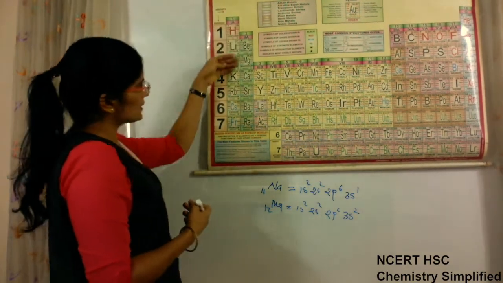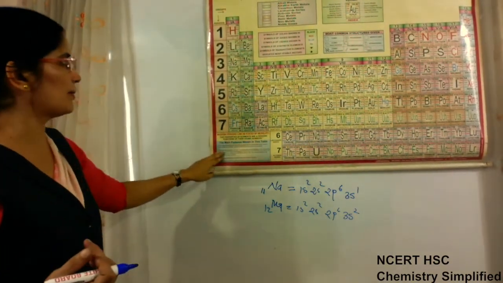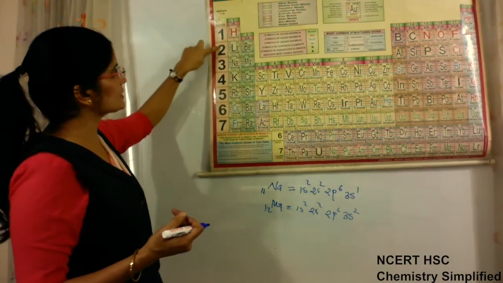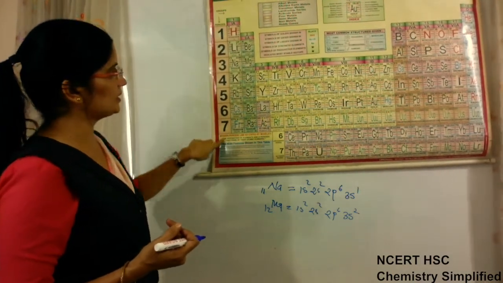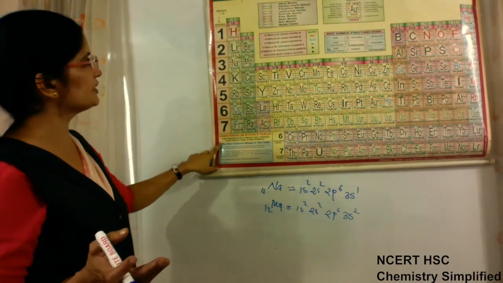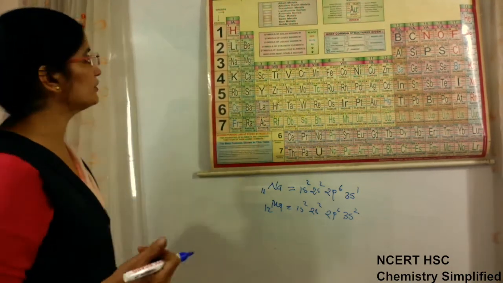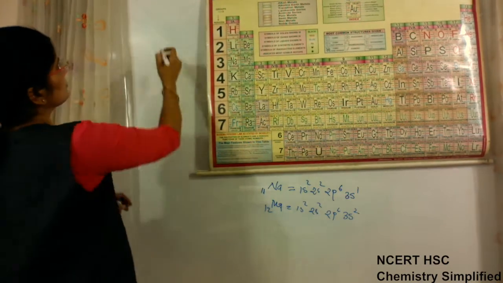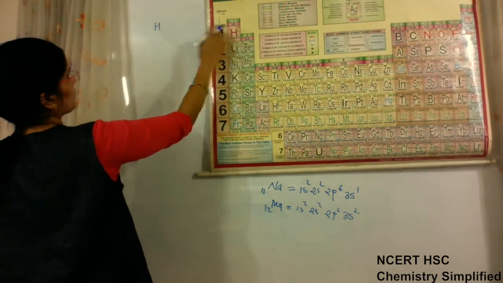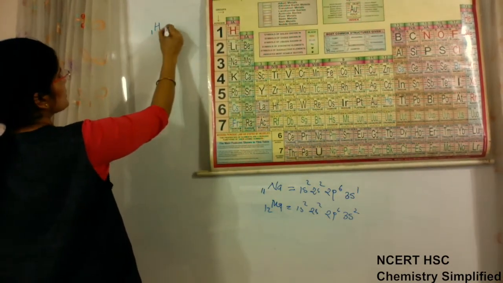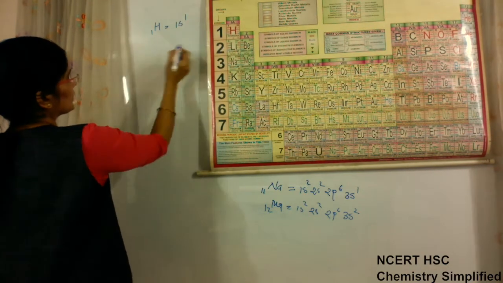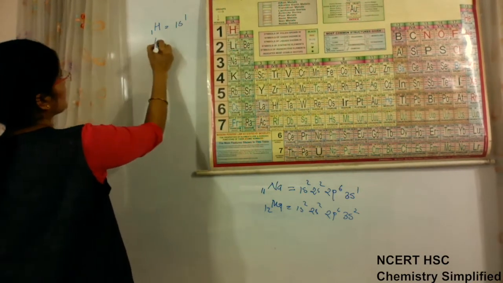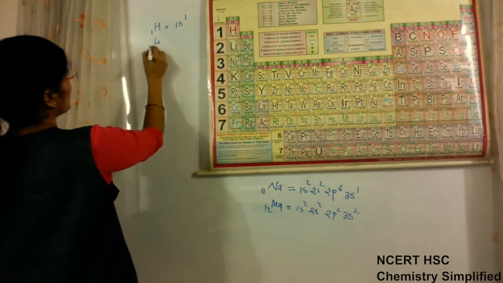One more thing you need to remember is the correlation between the period number written here and the outermost shell. Let me give you the configuration of hydrogen. Hydrogen is atomic number 1, so it is 1s1. Lithium is atomic number 3.